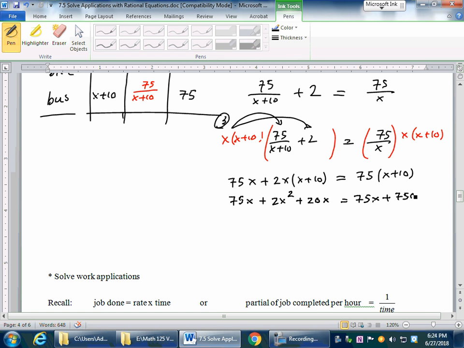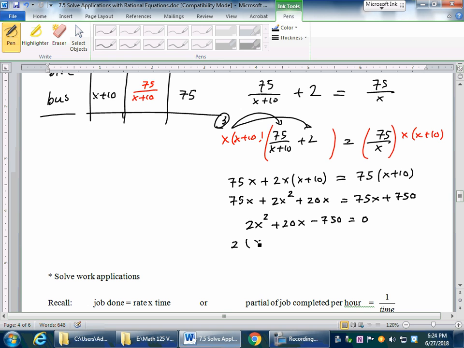Quadratic equation, so I'm going to move everything to one side. 2x squared plus 20x, because 75x, when I subtract it, both of them are gone. And subtracting 750, it will become minus 750 equal to 0. 2 is the greatest common factor, so we factor 2 out.